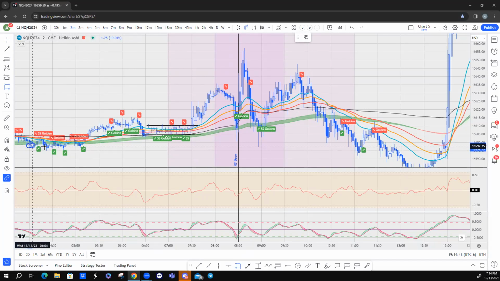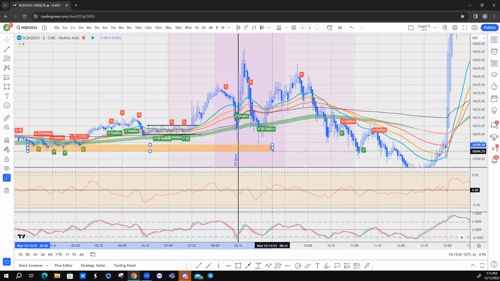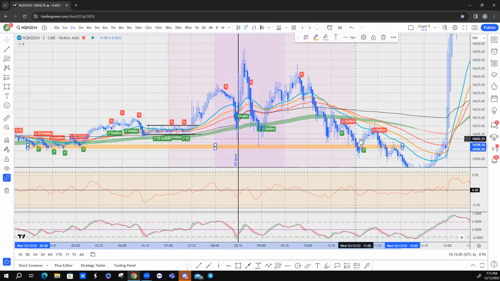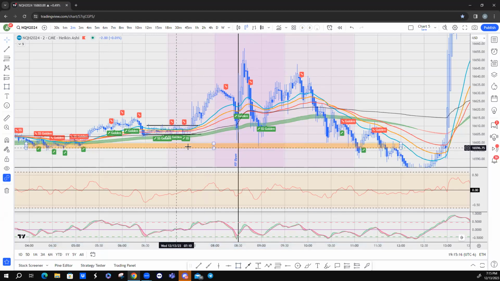You see my orange rectangle here, we have a nice support area, but look what happens if I stretch this out all the way. It can affect price in the future. Whether this is drawn correctly, maybe it could be down here a little bit or a little bit up, it's a visual marker.